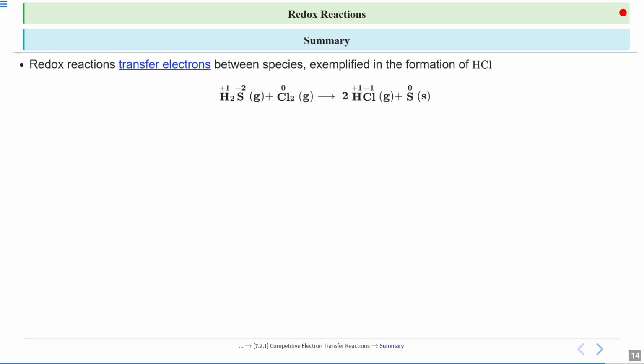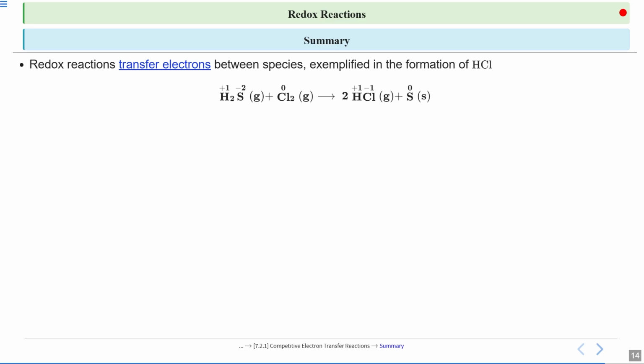So what does this mean? This means that in sulfur there is an increase in the oxidation number, which means oxidation has taken place there, while with respect to chlorine there is a decrease in the oxidation number, that means reduction has taken place.